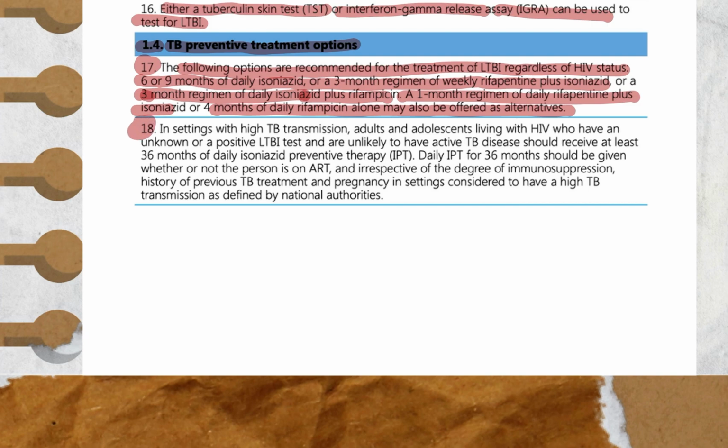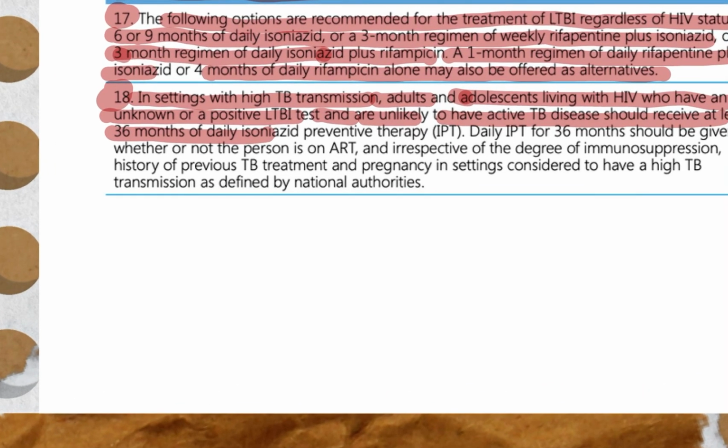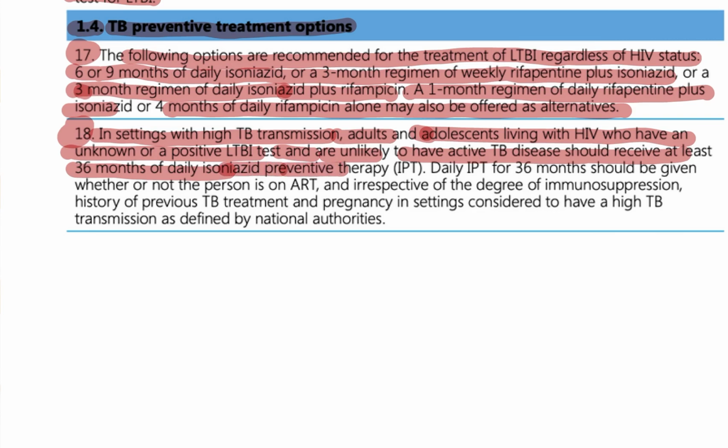Recommendation 18. In settings with high TB transmission, adults and adolescents living with HIV who have an unknown or a positive latent TB test and are unlikely to have active TB disease should receive at least 36 months of daily isoniazid preventive treatment, IPT.